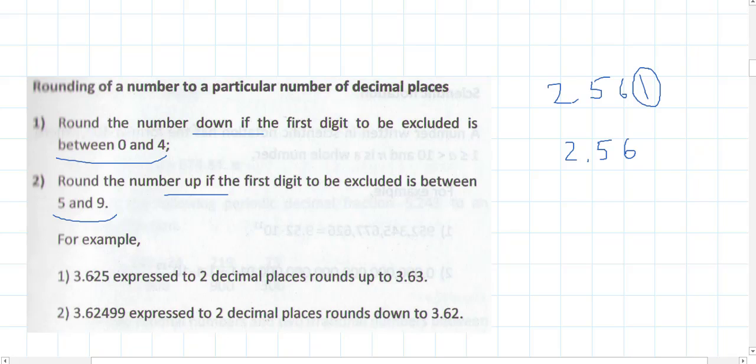The next example, 3.62499 expressed to 2 decimal places rounds down to 3.62, because the third decimal place is 4, and if it is less than 5, between 0 and 4, it rounds down. So we have 3.62.